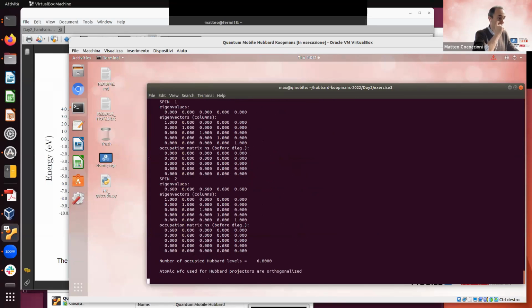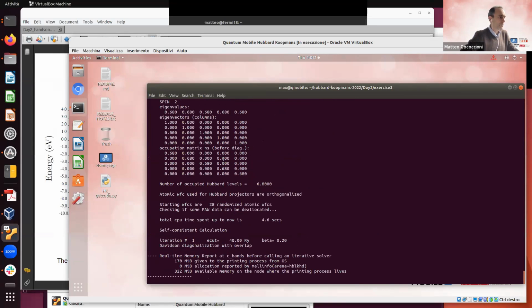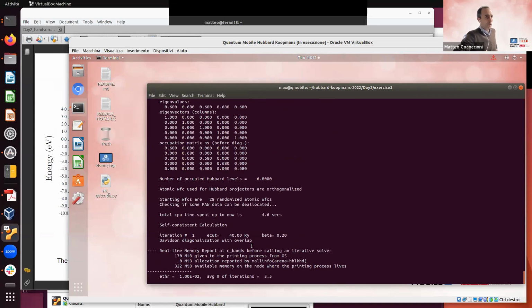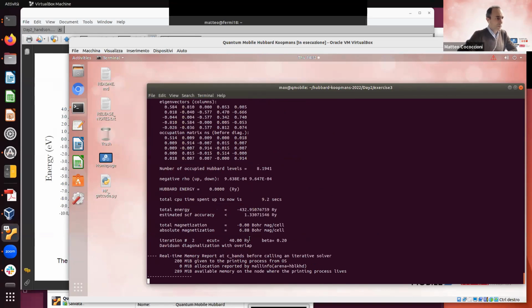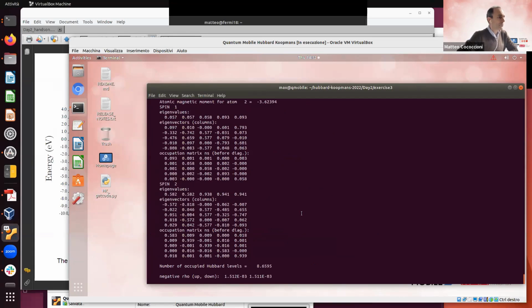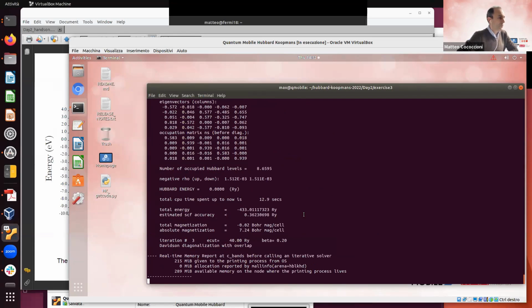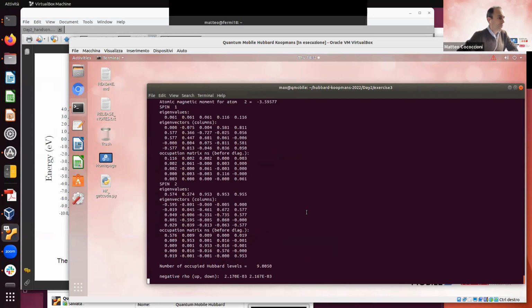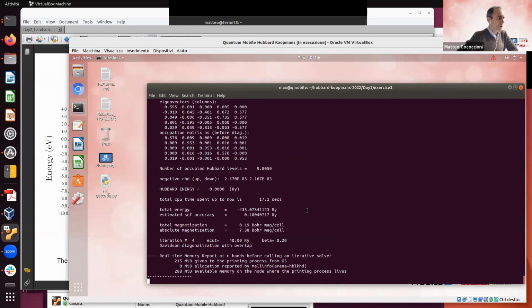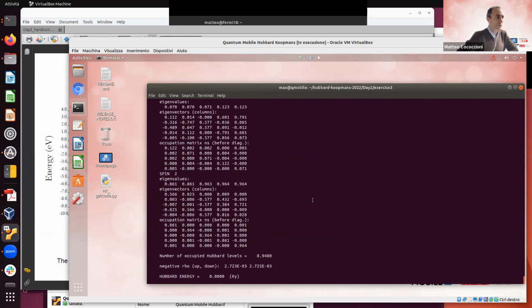You see the occupations are printed, even though we're doing a calculation basically with 0 U. And it will take maybe a minute to run through self-consistency.